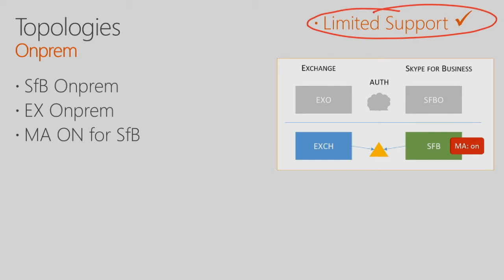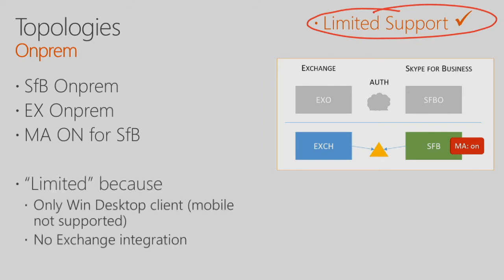I consider it limited support. The reason is because this is only supported on the Windows desktop client, no mobile clients. And it doesn't provide any Exchange integration features because Exchange doesn't have modern auth turned on. All right? So it's very limited.